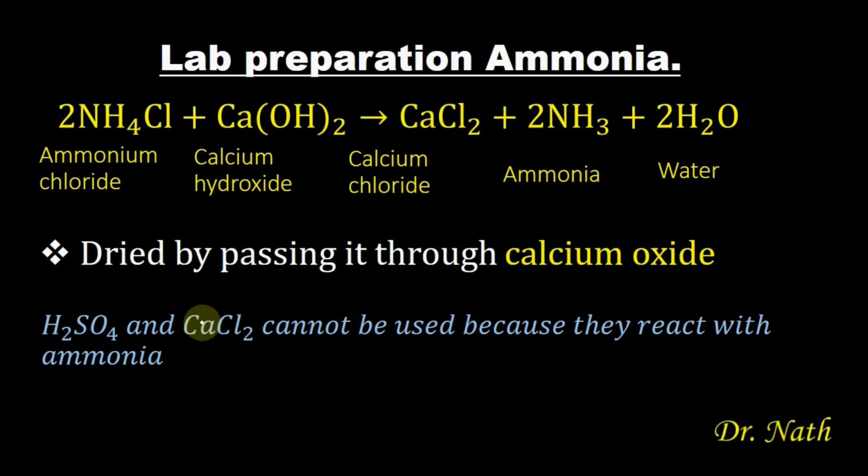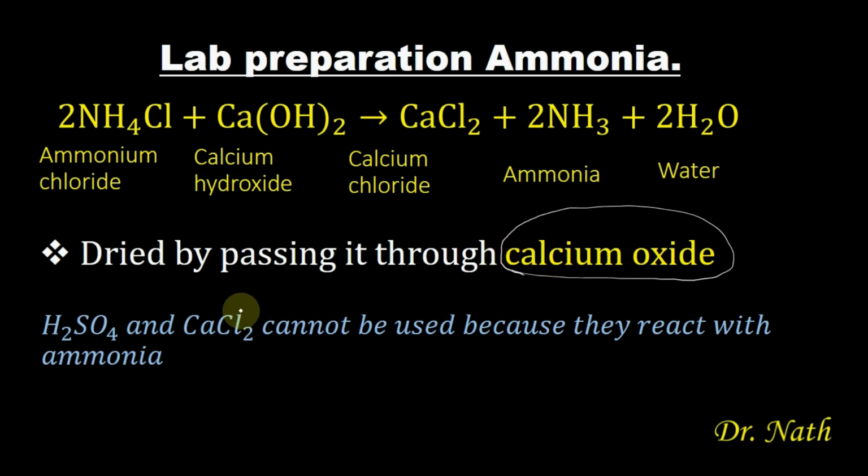And one more important thing that you should know here is that there are other drying agents. In chemistry, the usual drying agents that we have, like tetrasulfuric acid and calcium chloride, cannot be used in drying ammonia, and the reason is because they react with ammonia. So it can come as a question: which of the following substances can be used in drying ammonia? Just know that it is calcium oxide.